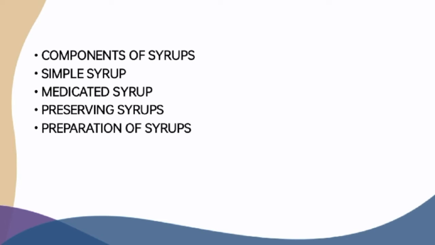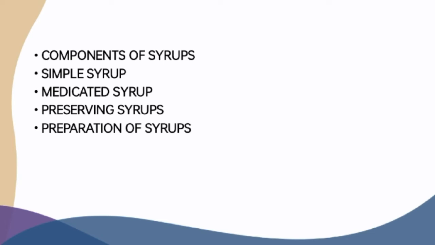Syrups are mostly prepared by one of four general methods, depending on the physical and chemical characteristics of the ingredients. The four methods are: first, solution of the ingredients with the aid of heat. The second is solution of the ingredients by agitation without the use of heat, or simple admixture of liquid components.